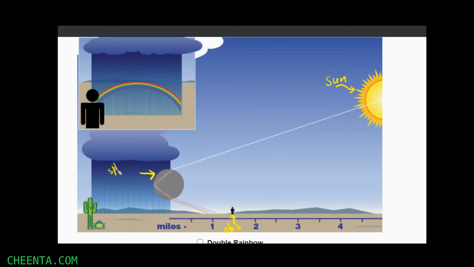So this is the spherical droplet, and I have considered a single ray of light coming from the sun, and it goes inside the droplet, and due to the different velocity of different wavelengths of light, the light divides and we can see the rainbow in front of us.